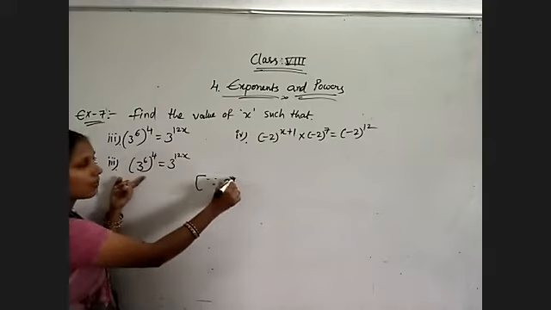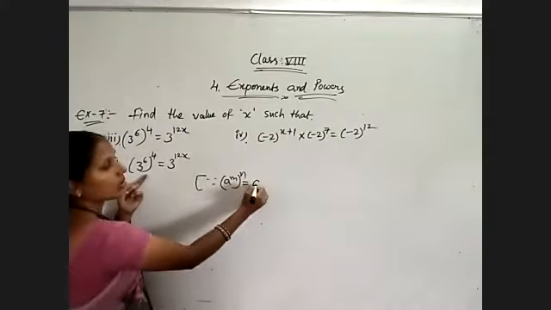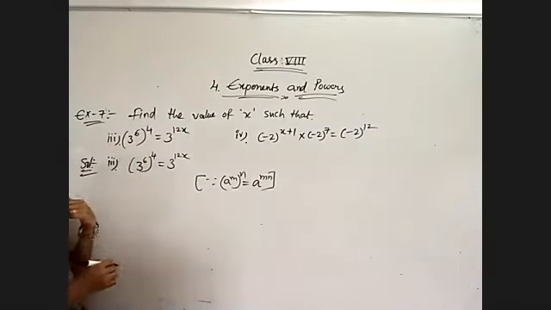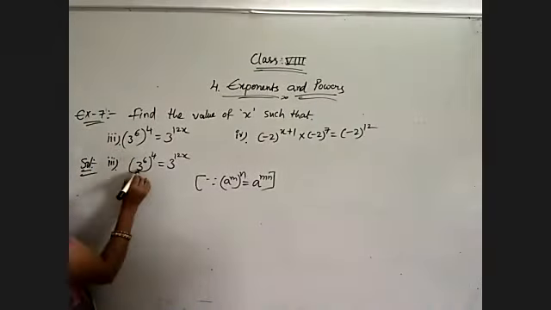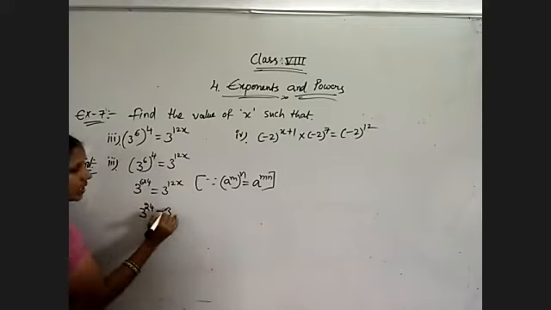A power m whole power n, exponent to exponent, which is equal to a to the power of m into n. Apply that formula. A value is 3, m and n are 6 into 4 is equal to 3 to the power of 12x. That is 6 4s are 24, equal to 3 to the power of 12x.